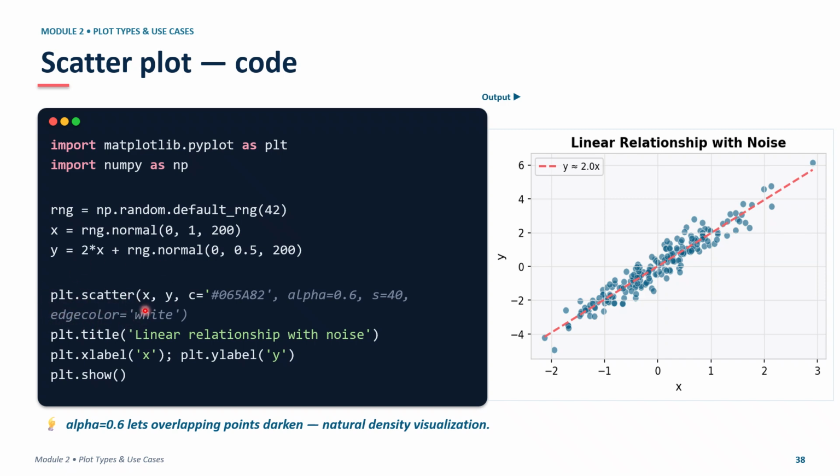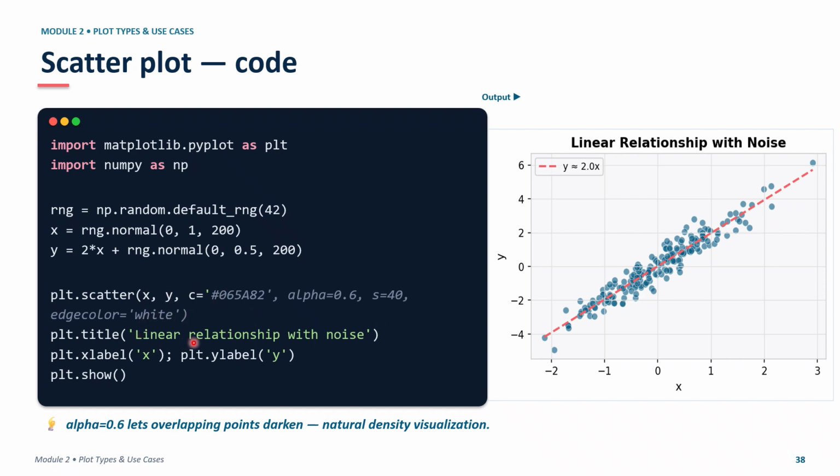So plt.scatter: you can give your x-axis and y-axis values, the color that you want, and the alpha value. The alpha value is going to be 0.6, so 60% opacity is provided, and where the dots overlap, they appear darker. The size is 40, the size of each dot, and we have made it square.